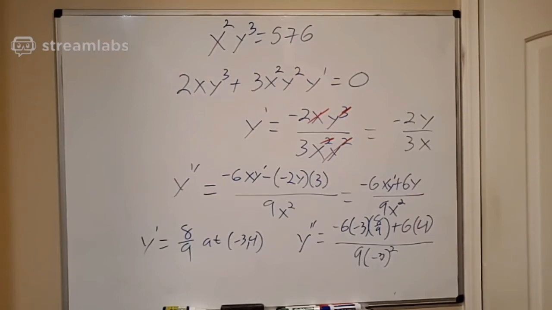Okay, going to free response part A. They are giving me an f prime value, so they're giving me a critical point.